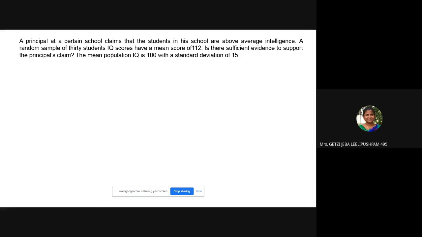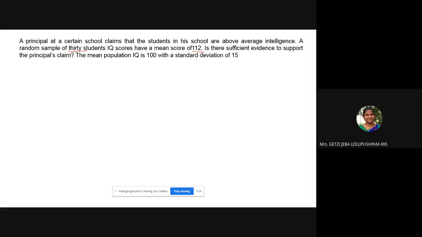A principal at a certain school claims that the students in his school are above average intelligence. A random sample of 30 students' IQ scores have a mean score of 112. I'll just underline the very important points. Is there sufficient evidence to support the principal's claim?